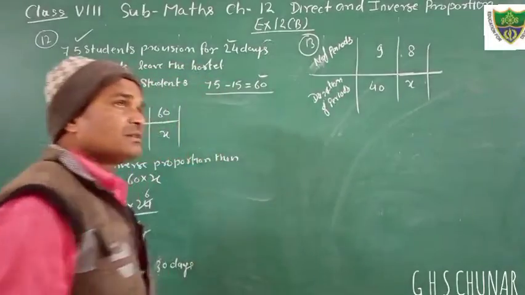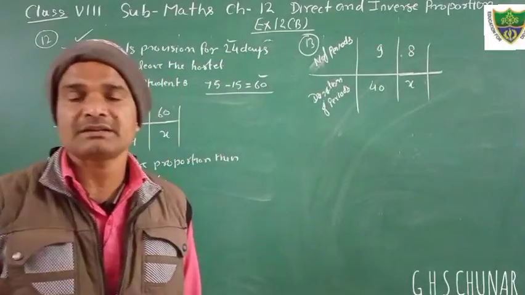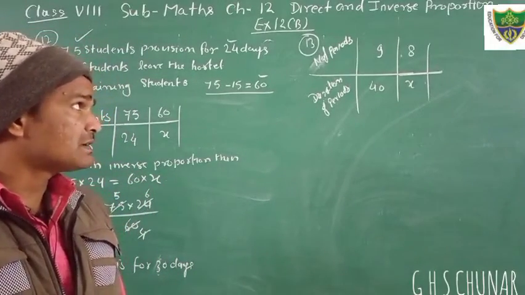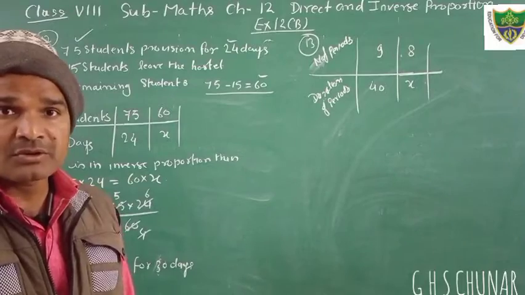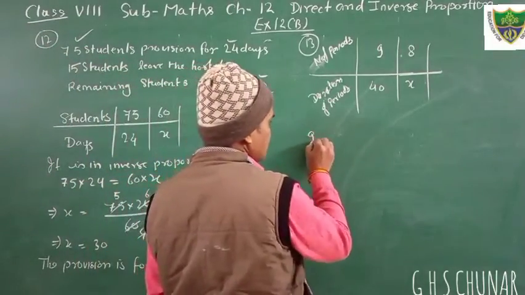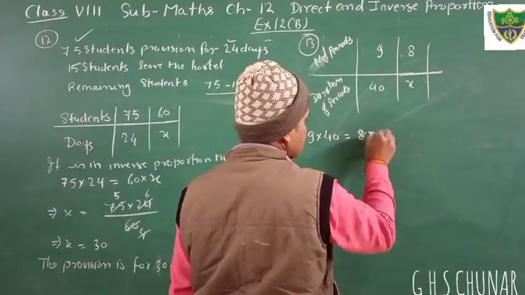If the school time remains the same and the number of periods decreases, then the duration of each period will increase. So it is inverse proportion: 9 into 40 is equal to 8 into x.